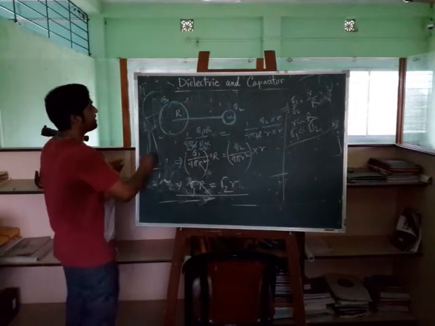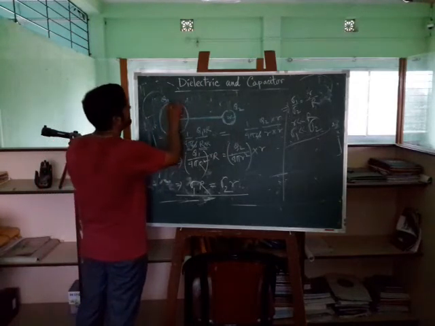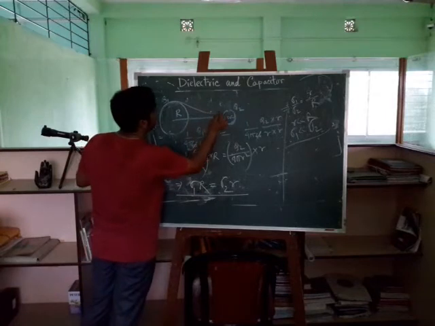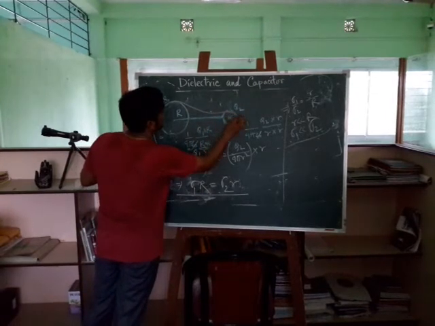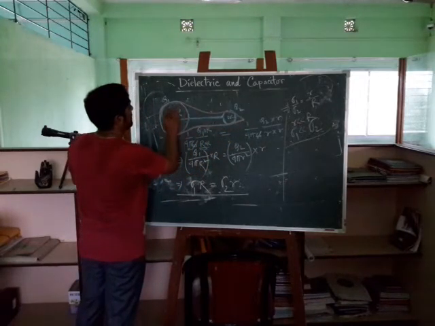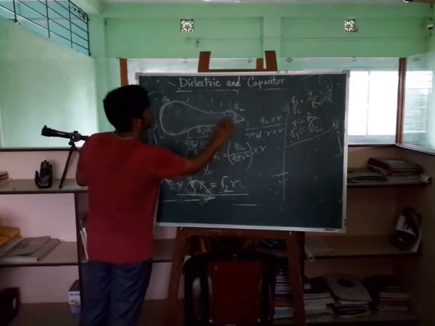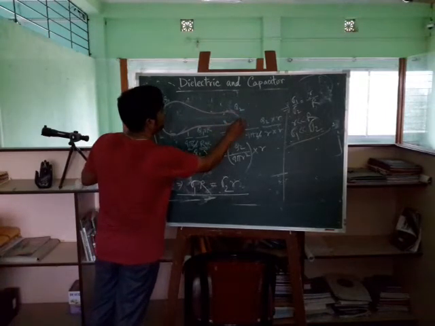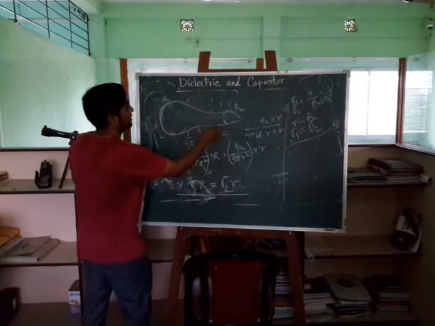Now instead of these two discrete spheres, suppose we have a pointed needle like that, and we have a construction like that.